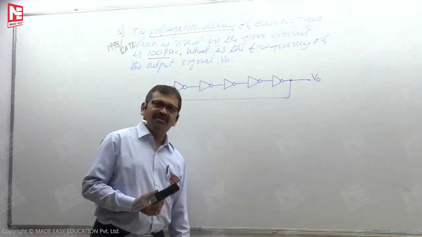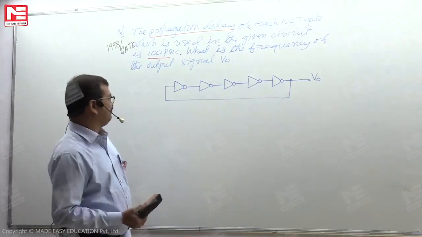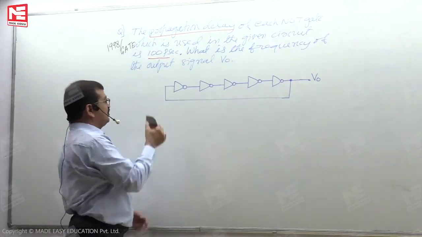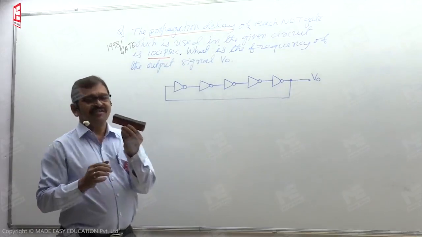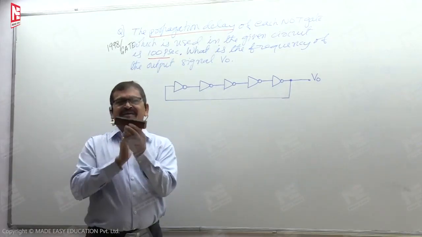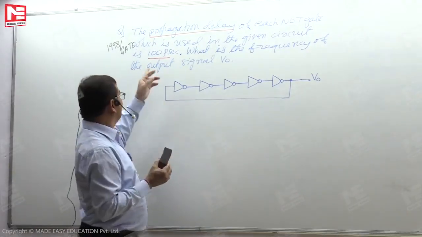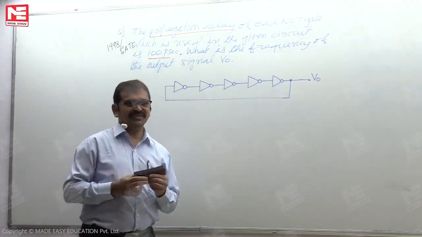So it is the definition of the propagation delay. Based on this, for a NOT gate, after feeding the input, we get the response after 100 picoseconds.